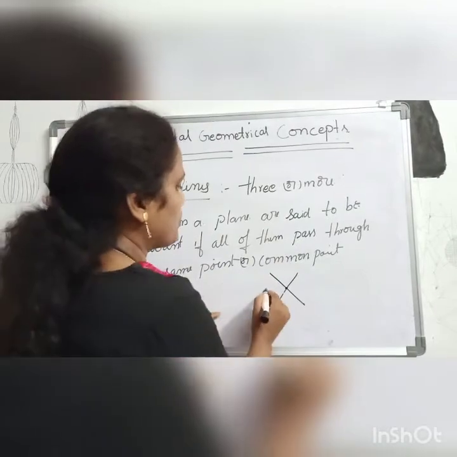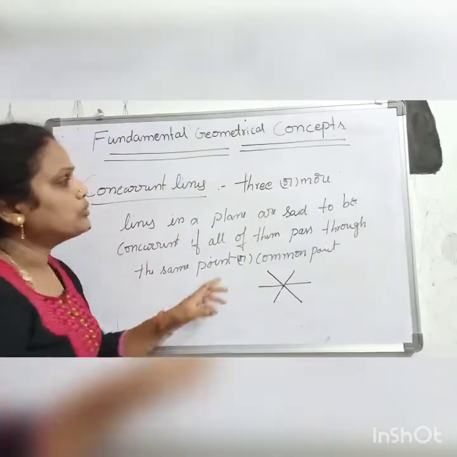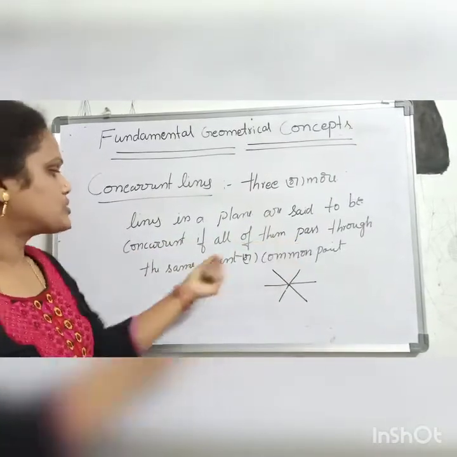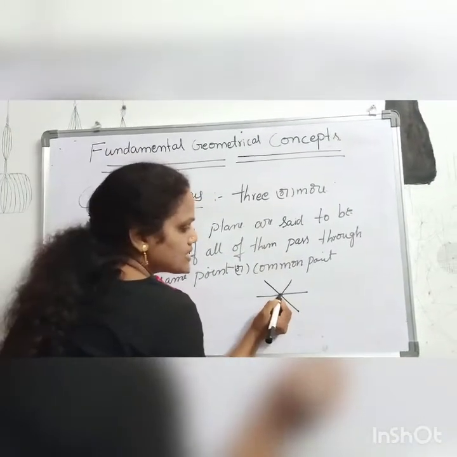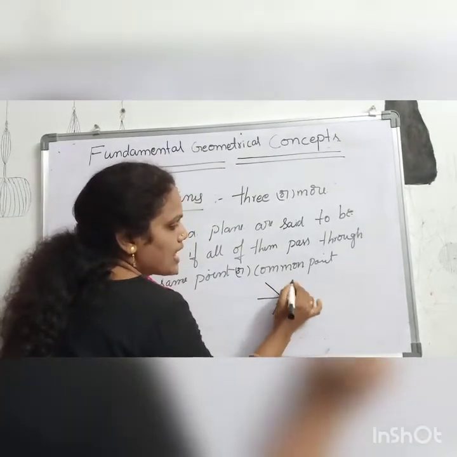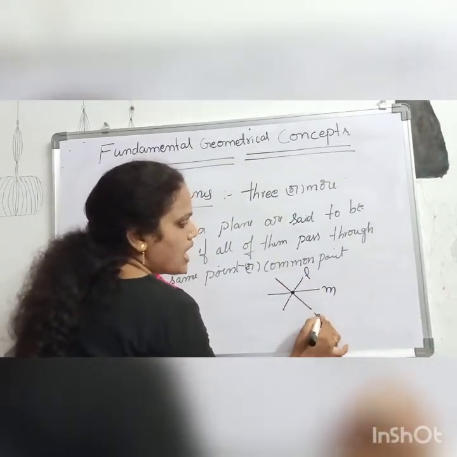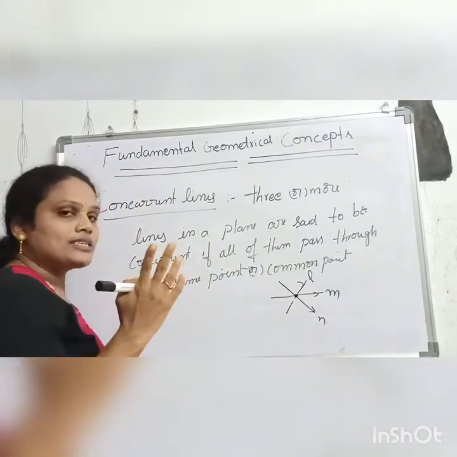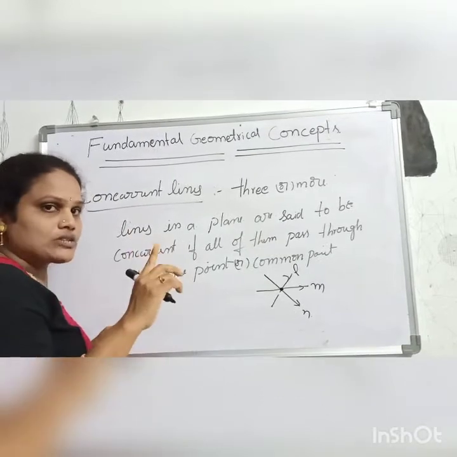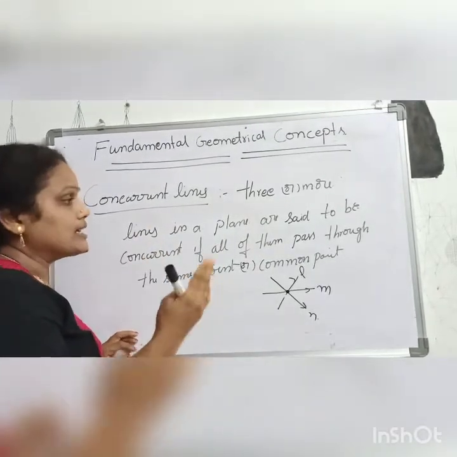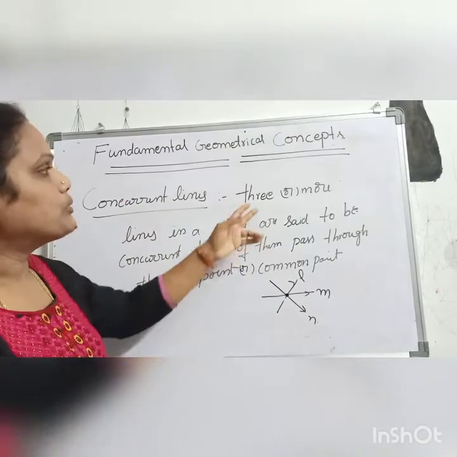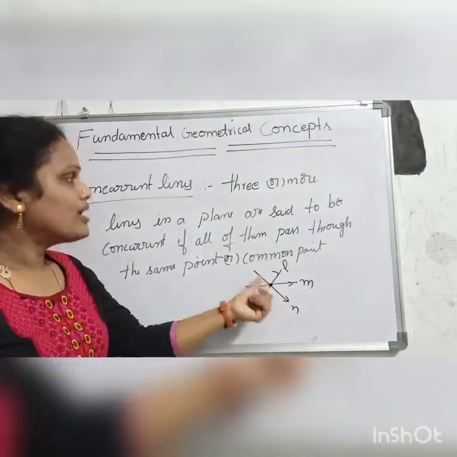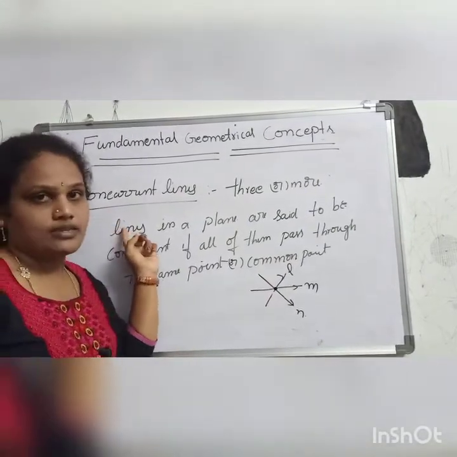Here three or more lines pass through the same point. These lines are called concurrent lines. Two lines passing through one point are called intersecting lines. Three or more lines intersecting at one point are called concurrent lines.